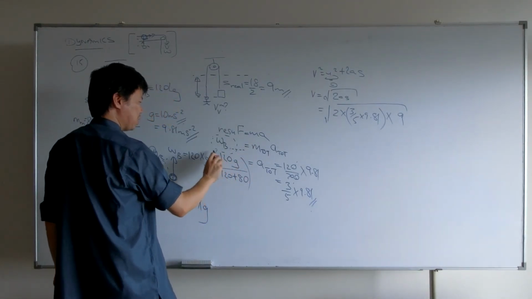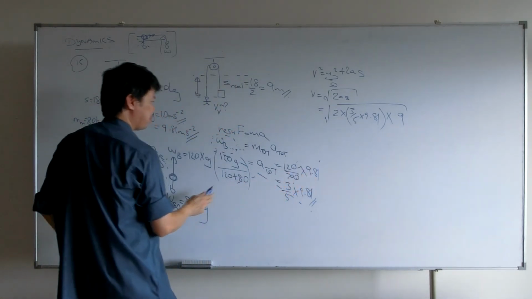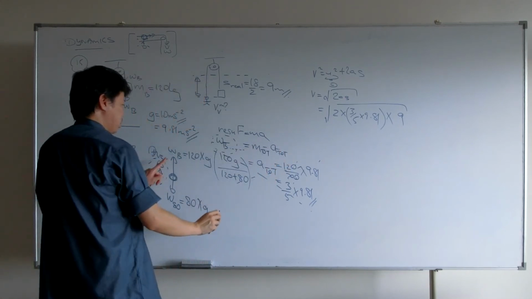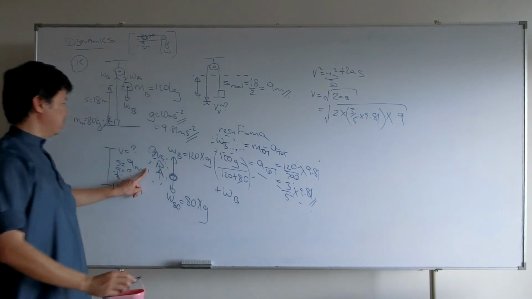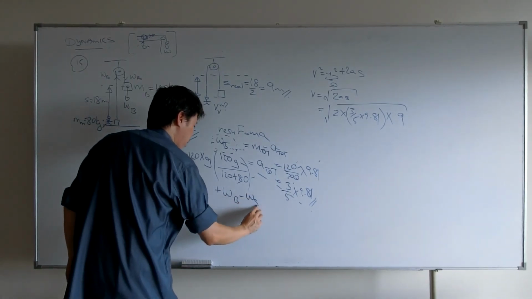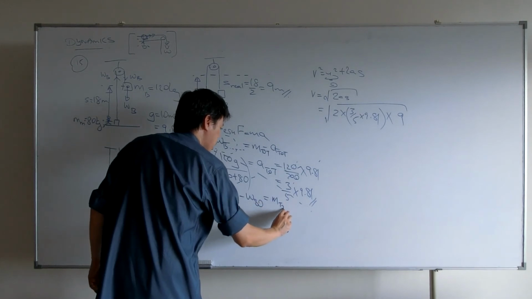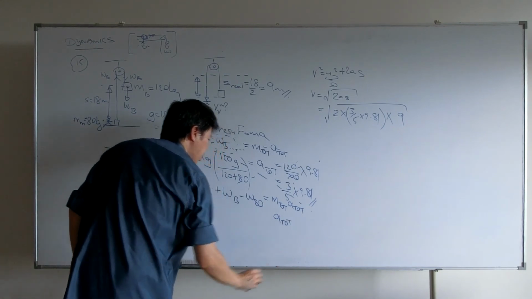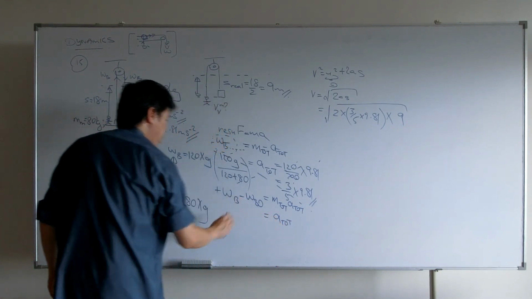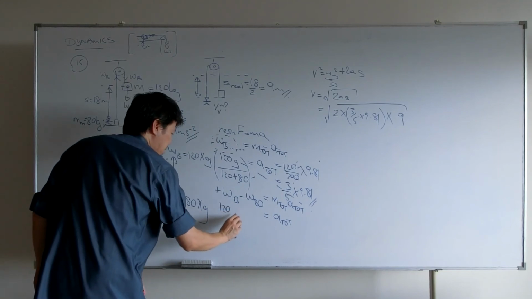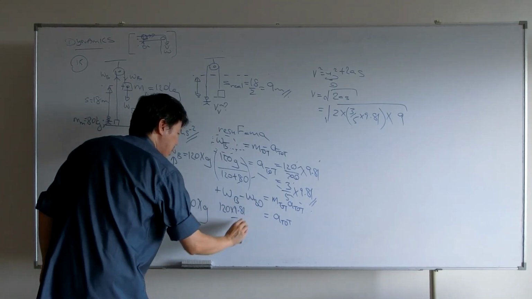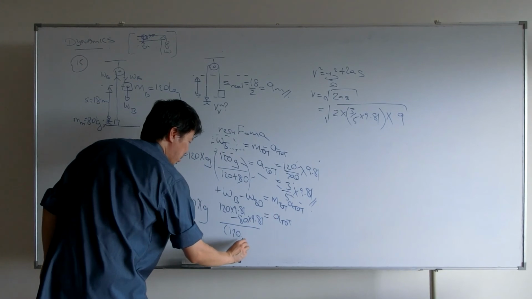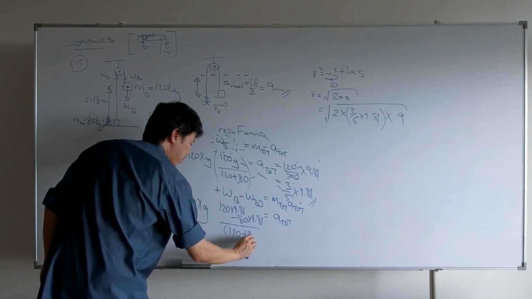So once again, if you made a mistake when doing revision, just cancel nicely, and then you write your correct equation. So in this case, it is weight of barrel positive, weight of man negative, equal to total mass times total acceleration. So a total here will be equal to the weight of the barrel, 120 times 9.81, minus 80 times 9.81, over 120 plus 80.